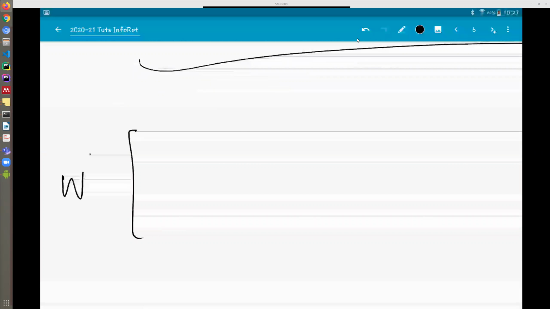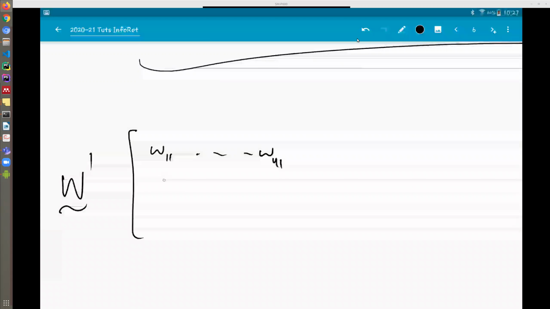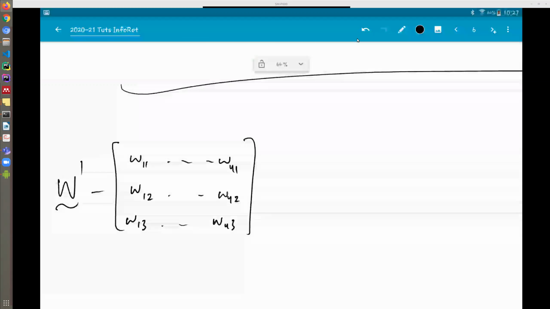Let's say this is the weight matrix of layer 1, and it is equal to, so we had four outputs, w11, w21, and so on down to w41, and we had three inputs, so w12, w13, and w42, w43. This is now the weight matrix.